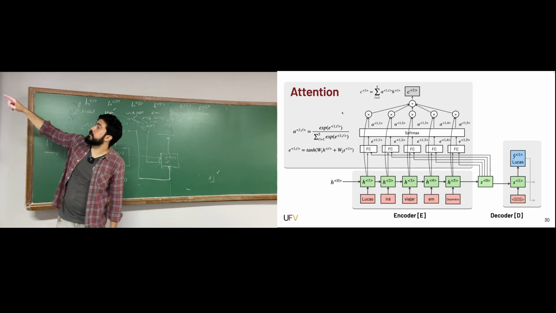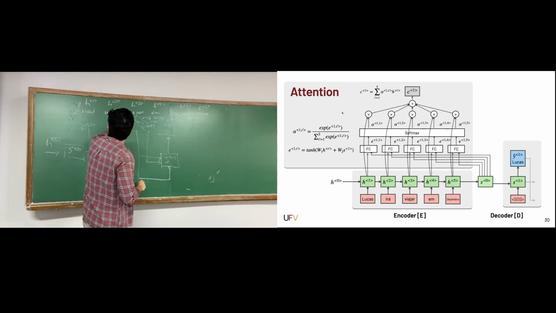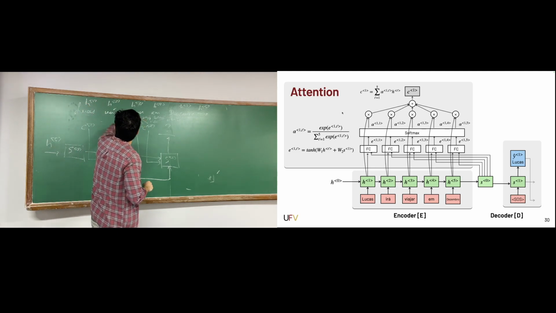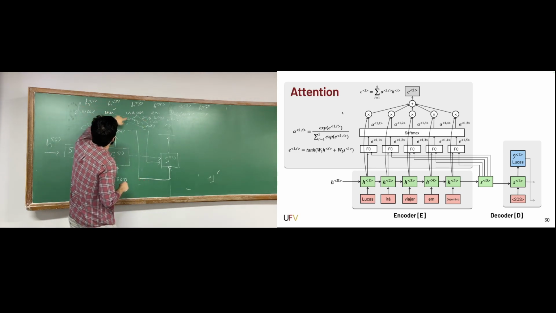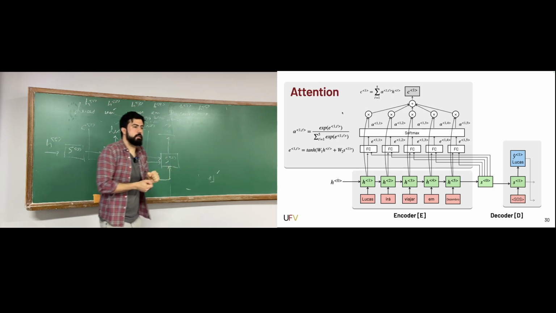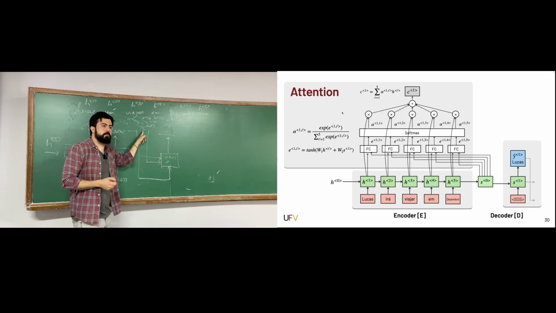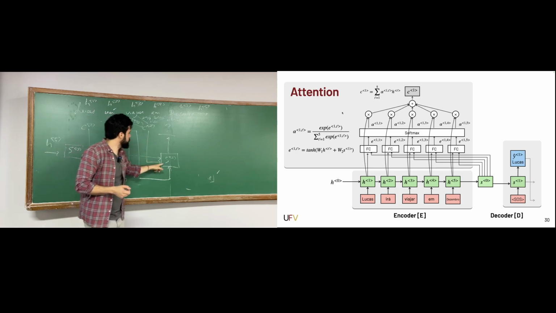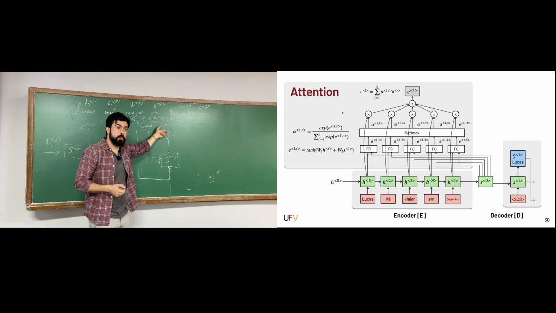Looking at the slide, I multiply this alpha by this hidden vector, this alpha by this hidden vector, this one by this, sum all of them, and that's my C2. Then C2 goes to S2, then I guess the word.